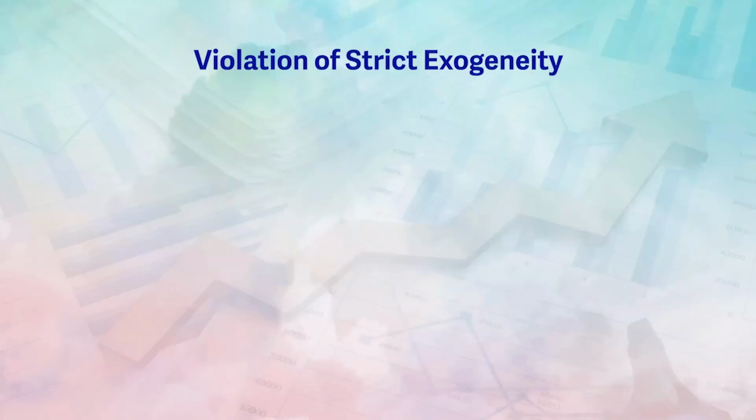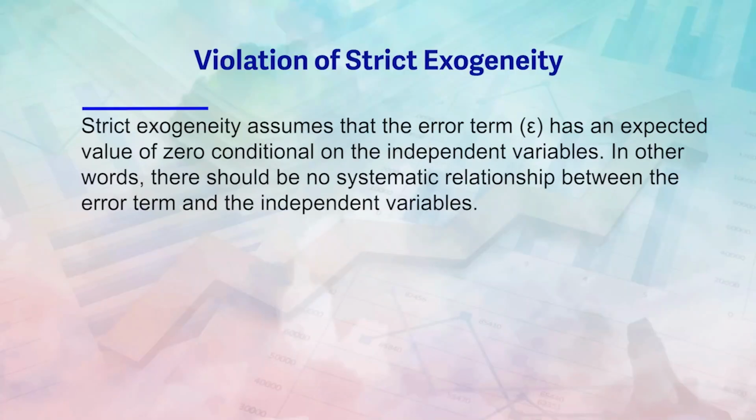If such consequences crop up, then the inference or statistical policy making will become erroneous. Strict exogeneity means that the error term has an expected value of 0 conditional on the independent variables. That means there is no relationship between the error term and the independent variables.